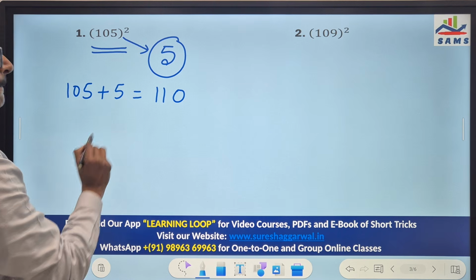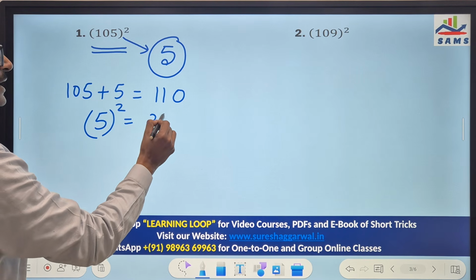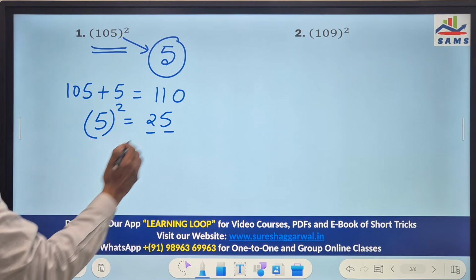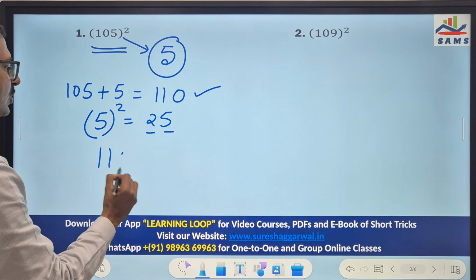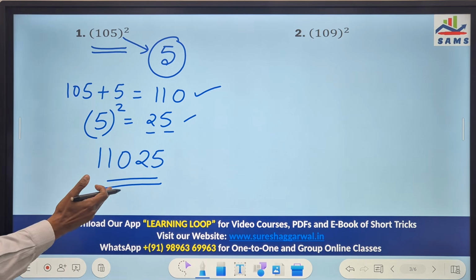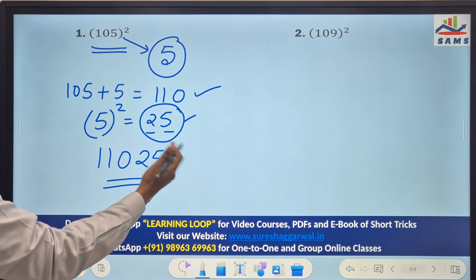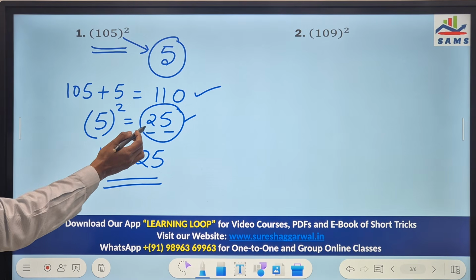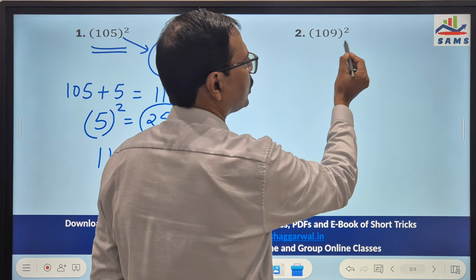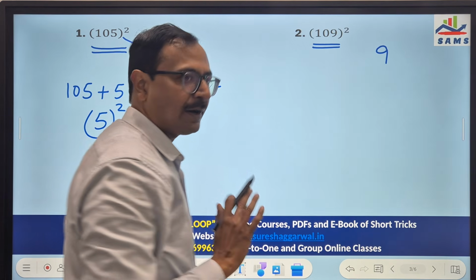So 110 and the number 5, just square that, you get 25. Here you have only 2 digits, so you don't need to put a slash. Just write this number 110 and then write this number 25. You have the answer 11025. But if this is a 3-digit number, then you need to put a slash and carry forward the hundreds place of this number to the previous number. Like here also, it works wonderfully well, because 109 is 9 more than 100.